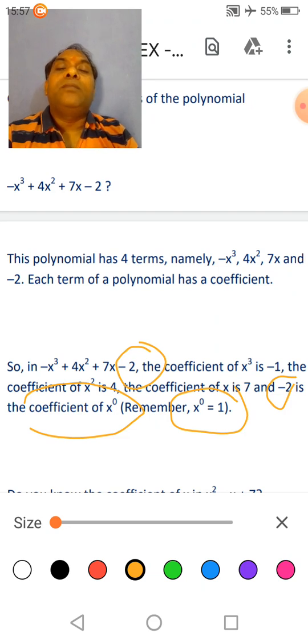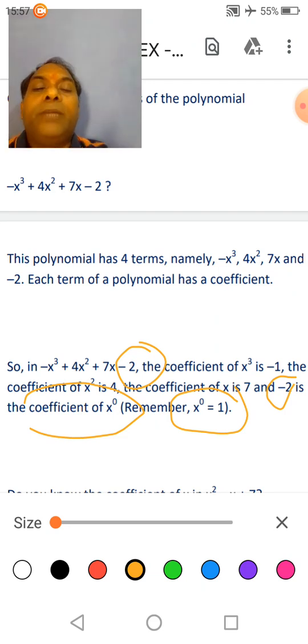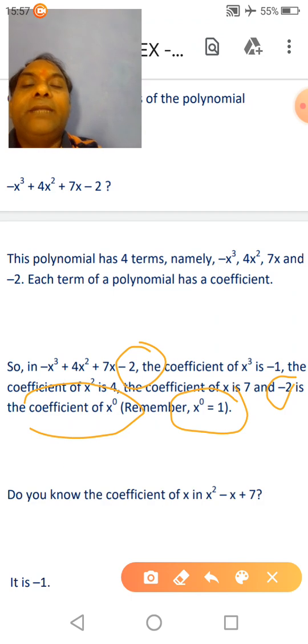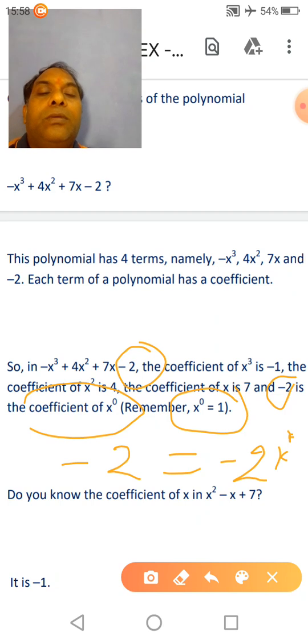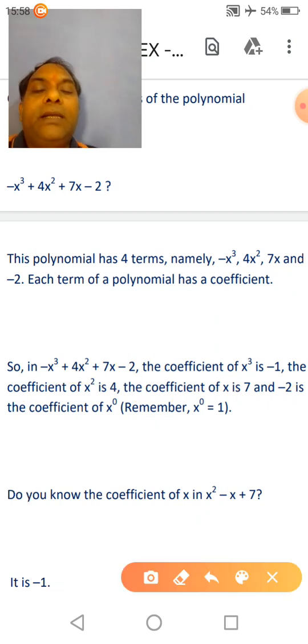Clear? So in fourth term, minus 2 is the coefficient of x to the power 0, because minus 2 can be written as minus 2 into x to the power 0. Write it again.